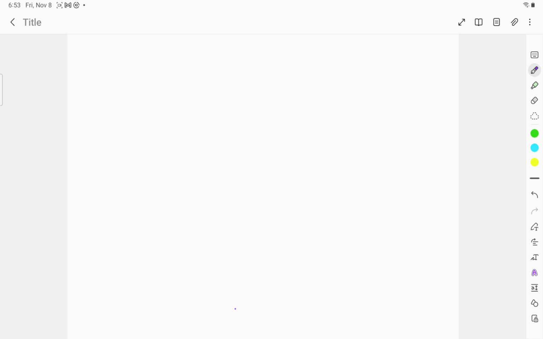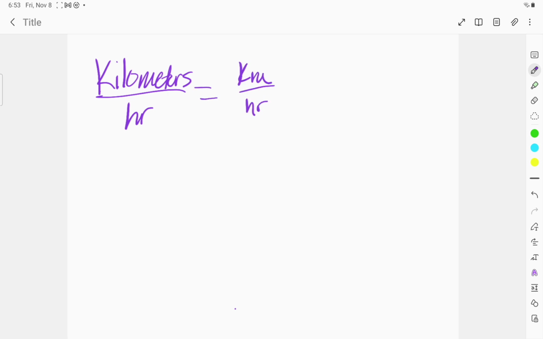So I'll just read the first one on page 15. It says, a coyote traveled 92 kilometers in 4 hours. What was his average rate per hour? Okay, so we're dealing with kilometers per hour. When I set my problem up, it has to be kilometers over hour.